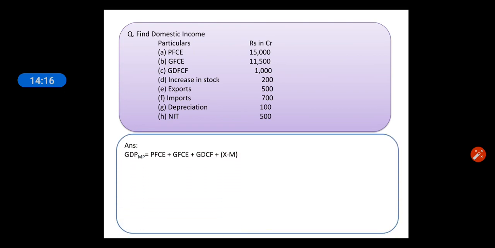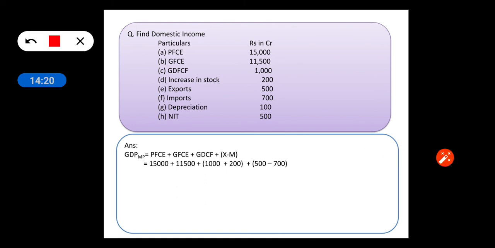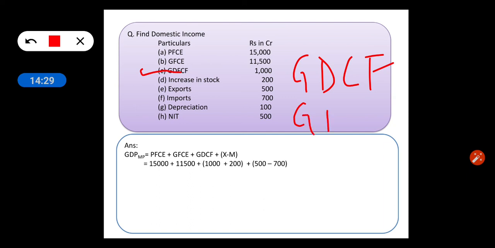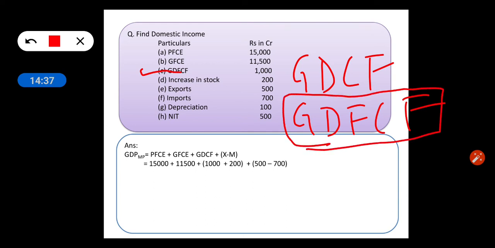Let us first find out GDP at MP. Now in item C, instead of GDCF, GDFCF is given. So we are going to convert this GDFCF to GDCF.